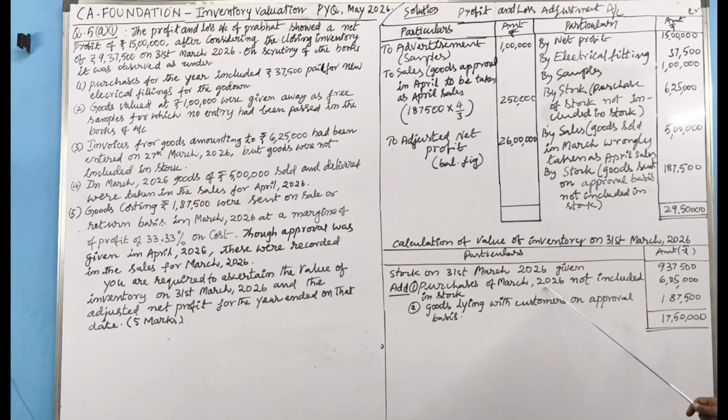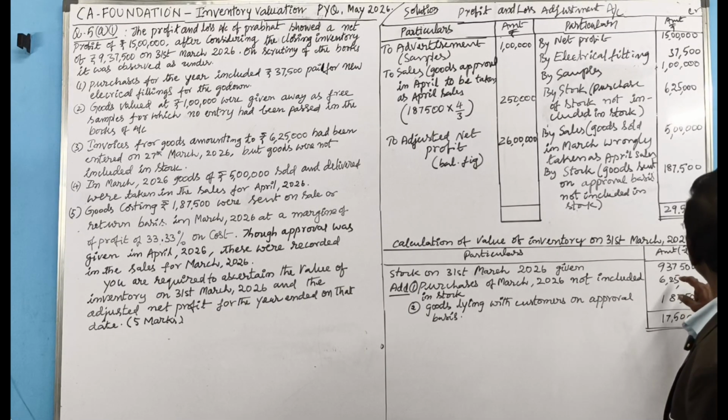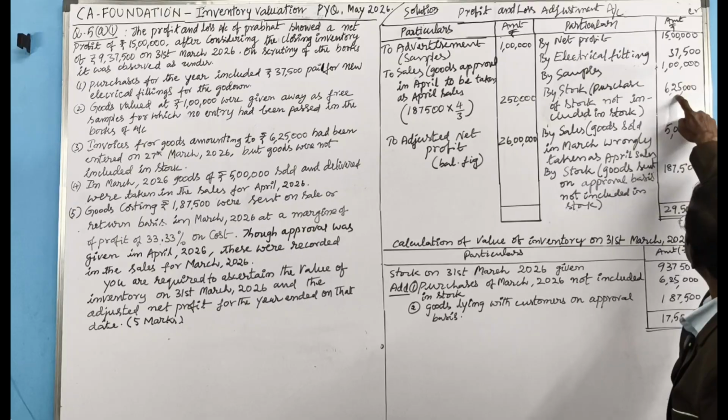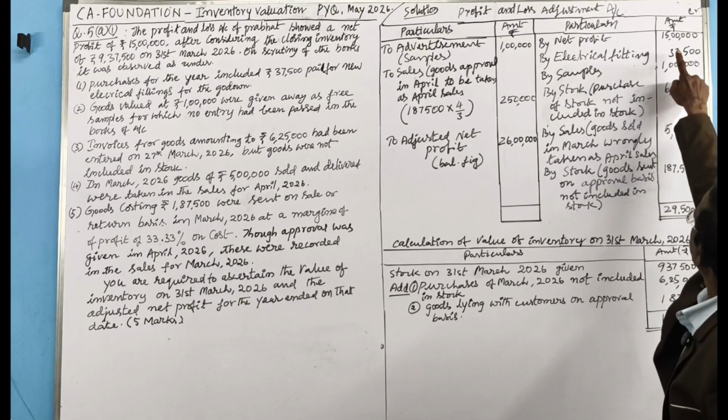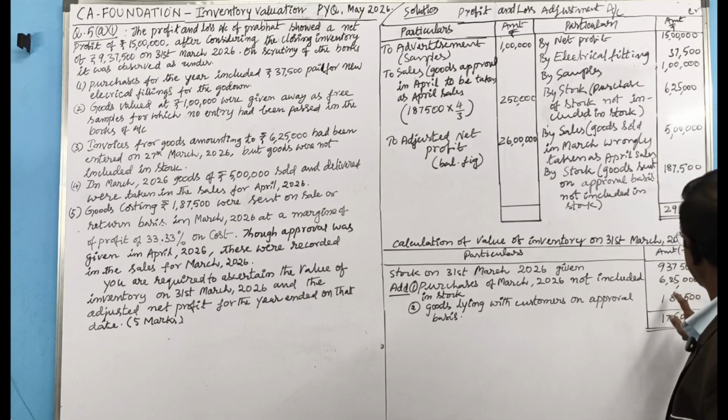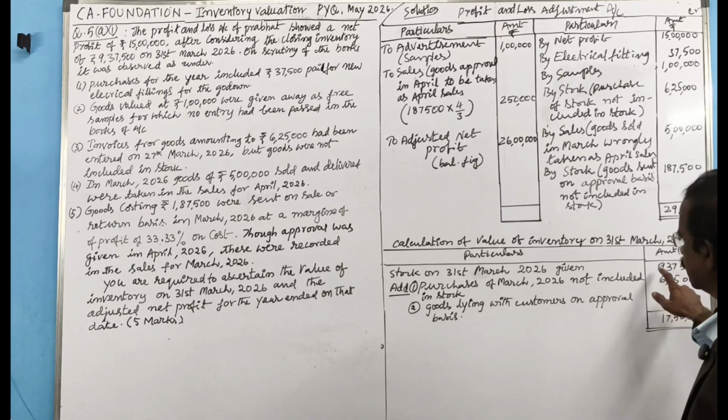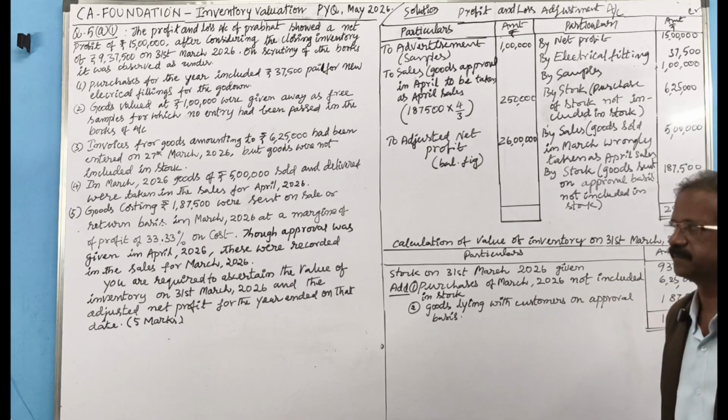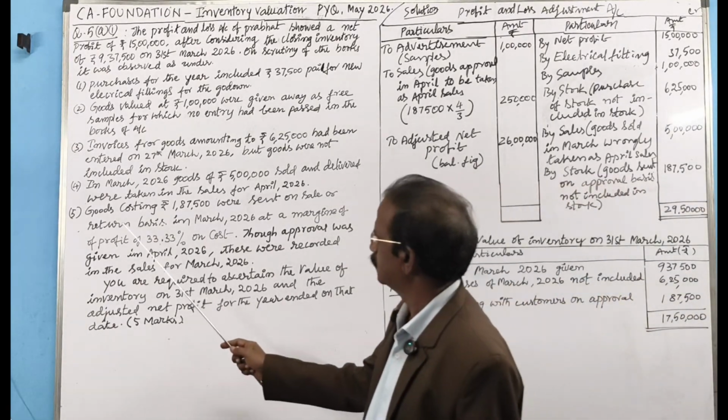Purchases of March 2026 not included in the stock. So by doing this, profit had been corrected. Adding here, stock had been corrected. Next.